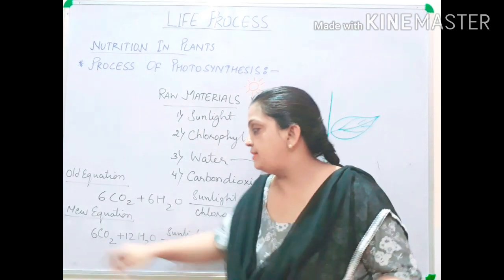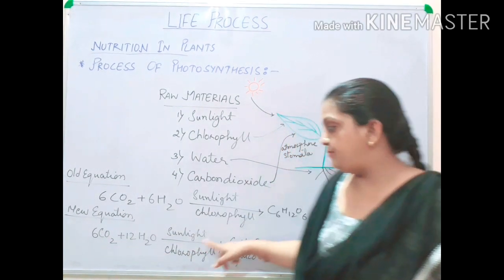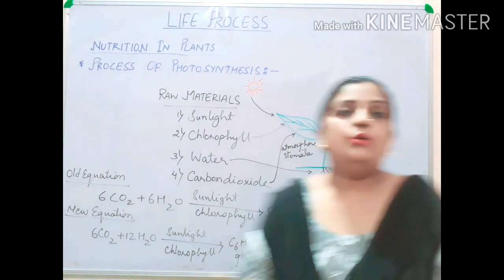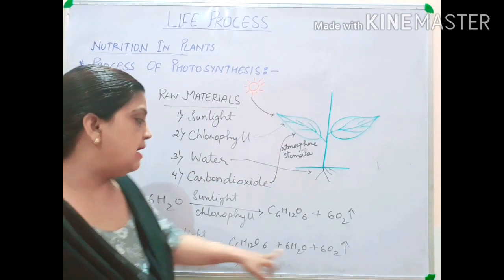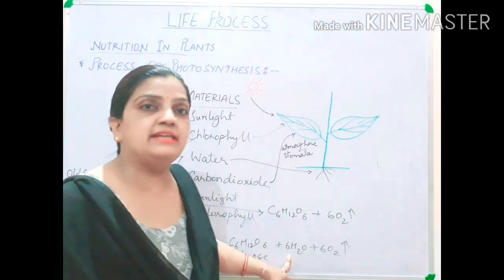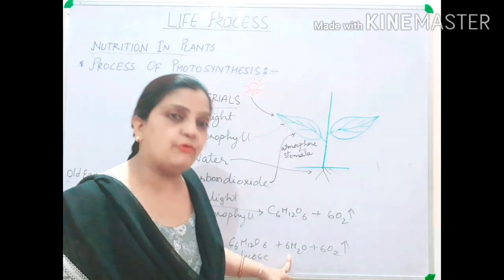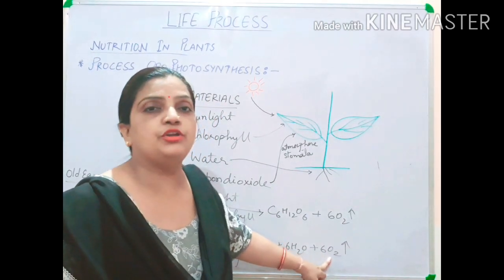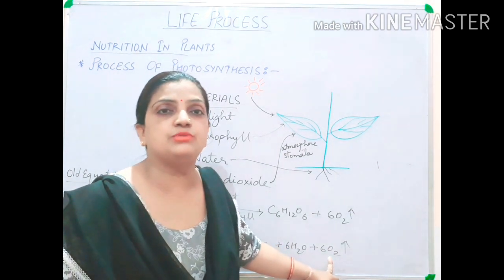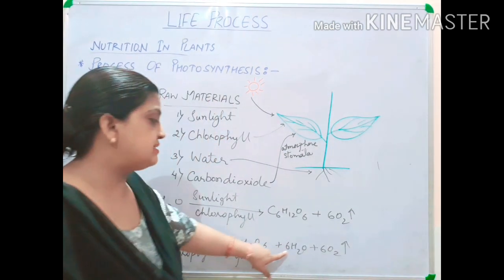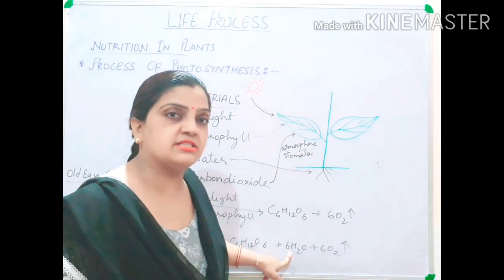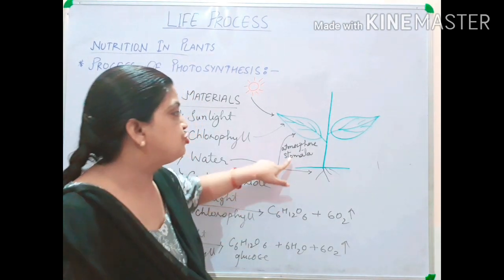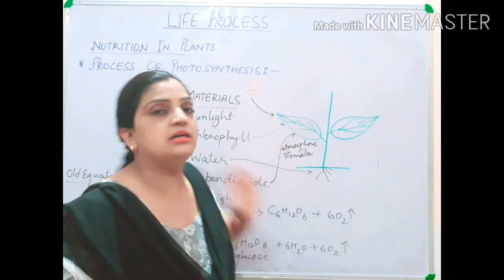So 6 carbon dioxide plus 12 H2O in presence of sunlight and chlorophyll will produce glucose C6H12O6, plus it will be releasing 6 molecules of water also and 6 molecules of oxygen will be released into the atmosphere. This water will be released in form of transpiration process, water loss process through the stomata, through the leaves.